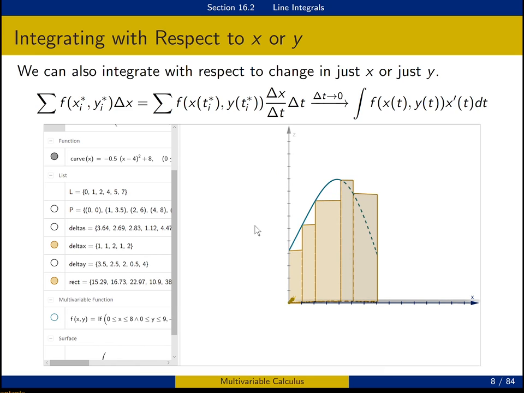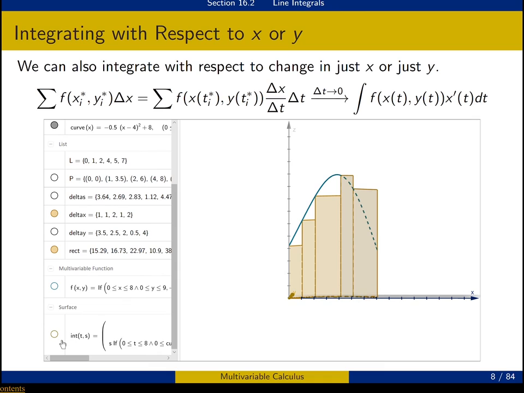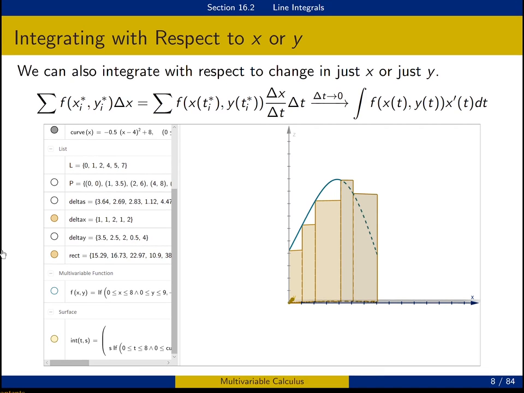From this point of view, or in this projection, the rectangles appear to have a base which is just their change in x, because we can't see the change in y at all. And so this integral is actually computing the area under the curve when viewed or projected into the xy plane.